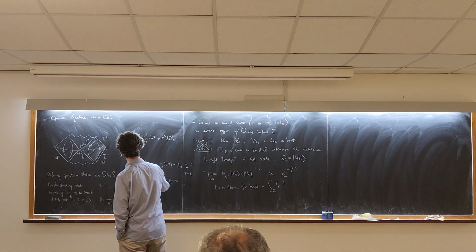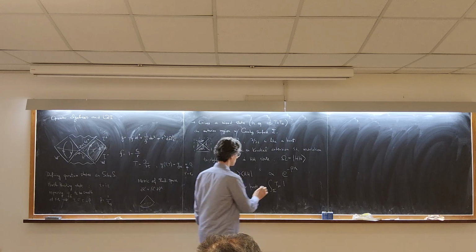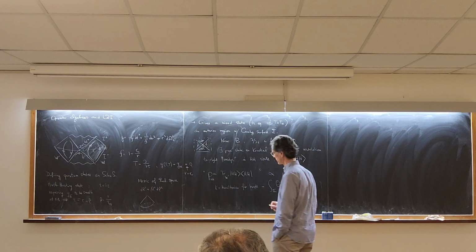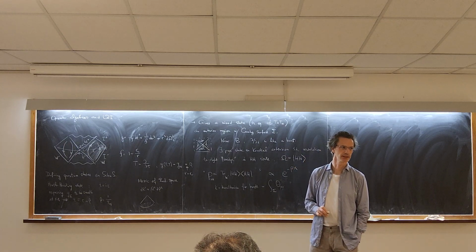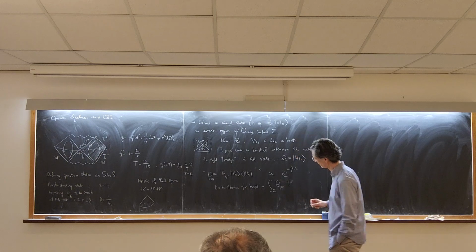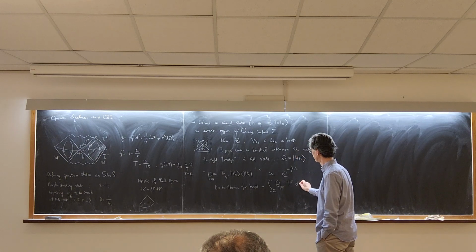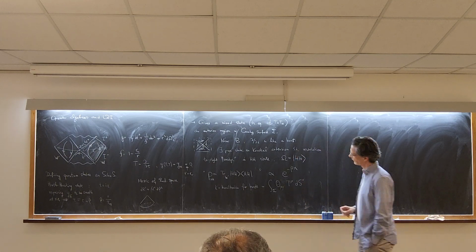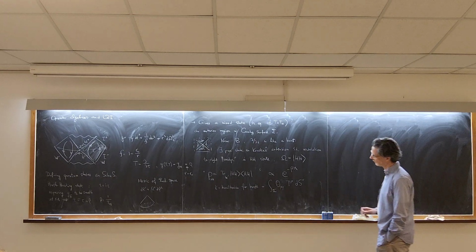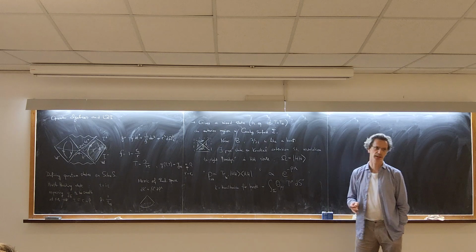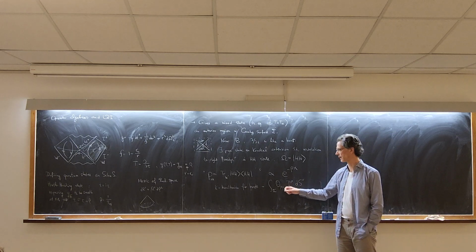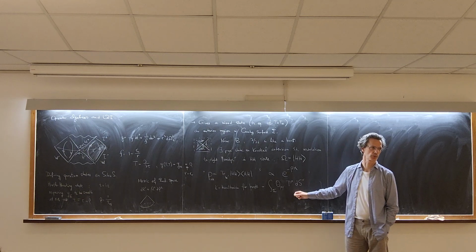I'm not sure this is a good notation. I'm going to call the stress energy tensor theta mu nu in this lecture. It's not a convention in general relativity, but otherwise I'm going to get confused with other things that I call T. So formally, this is the formula for the reduced density matrix. It's just supposed to express that it's a Gibbs state with respect to boosts, and the boosts are generated by this, and this is the Hamiltonian for boosts.